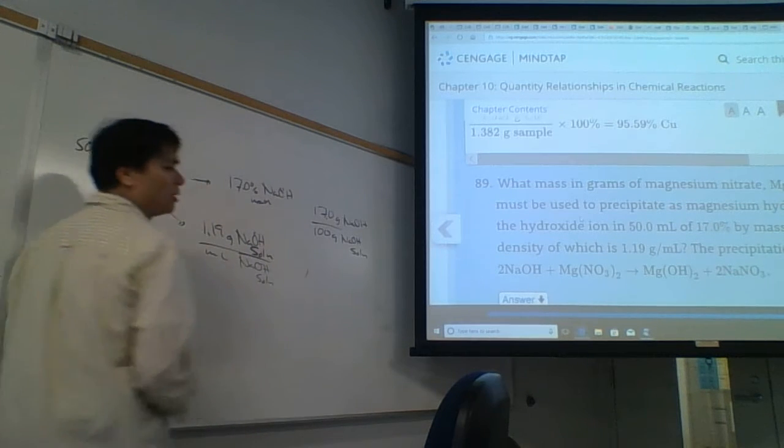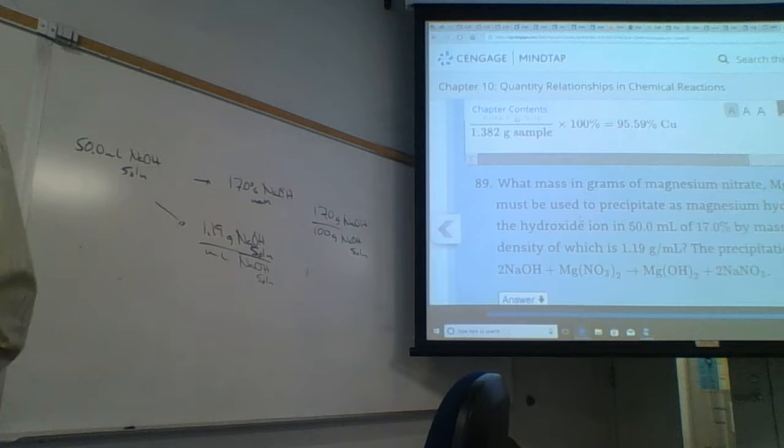That's like the density of water. The density of water is 1 gram of water per milliliter of water. Density is always the same on the top and the bottom. Can't be different.